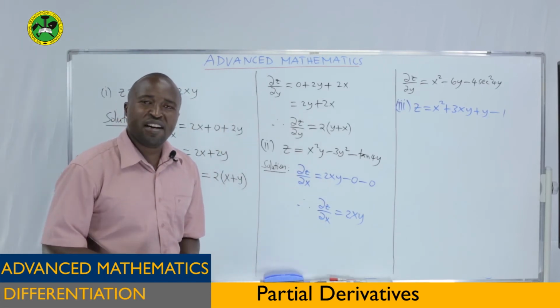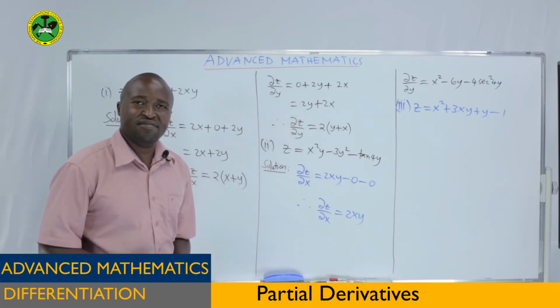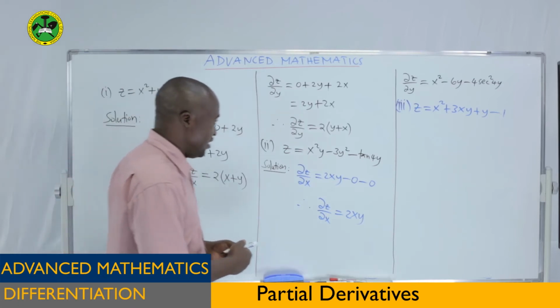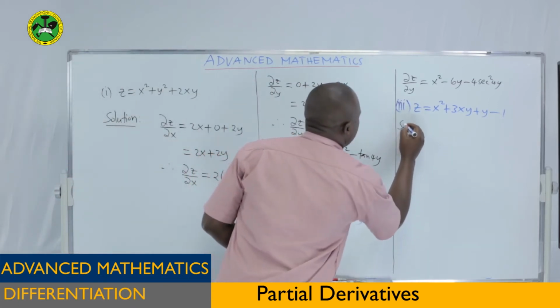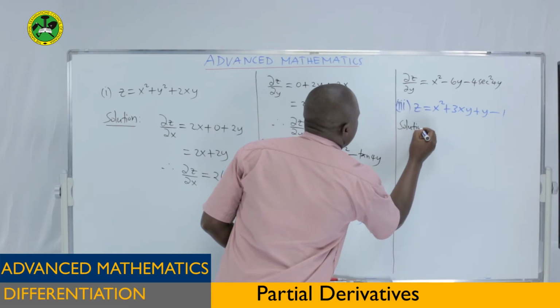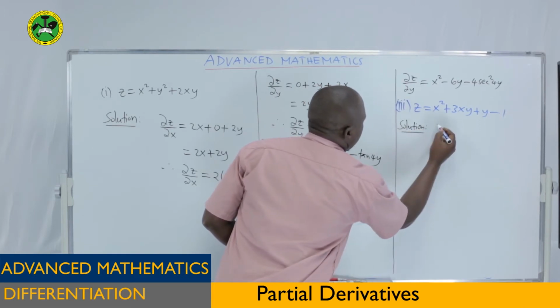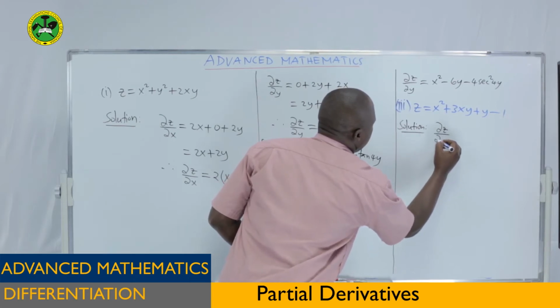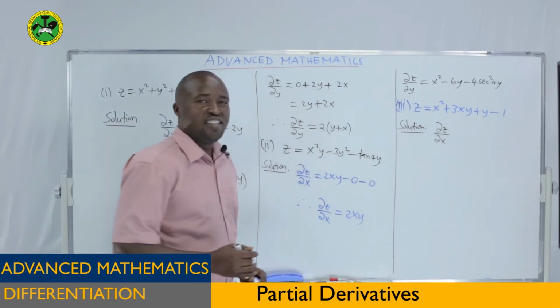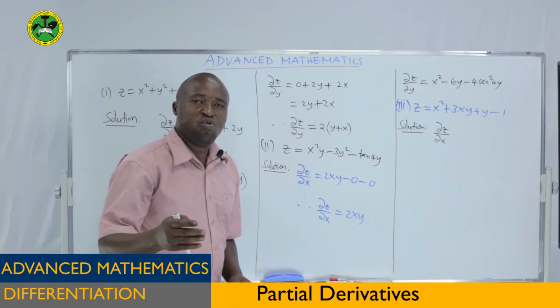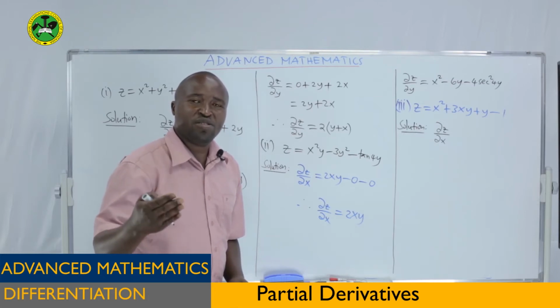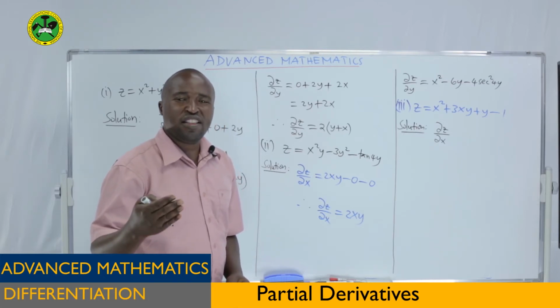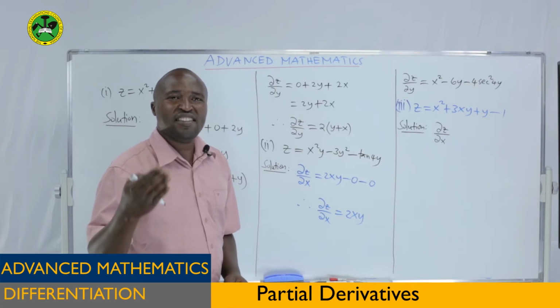I'm sure you remember the starting point. That is the partial derivative of z with respect to x. I'm sure you remember when you find the partial derivative of z with respect to x, y is constant.